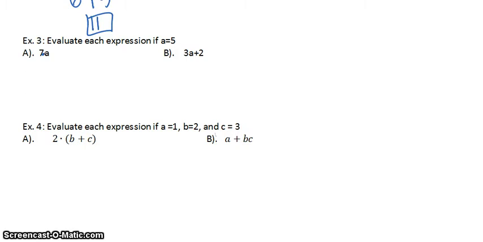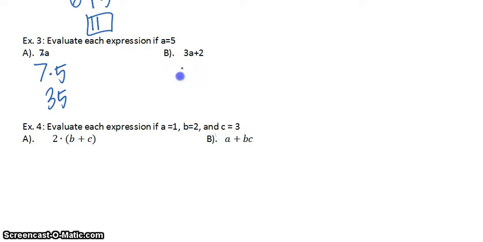So 7a is 7 times 5, which is 35. When it says evaluate, all you have to do is plug in that number for the variable, so a equals 5, and then simplify it. Sorry, can't solve it because it's an expression.